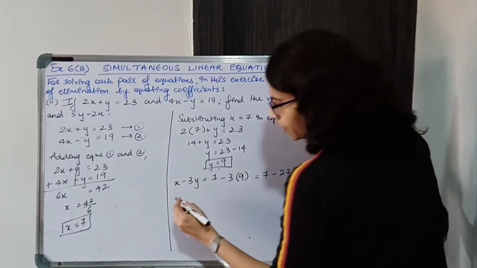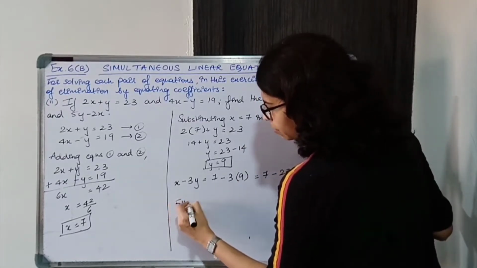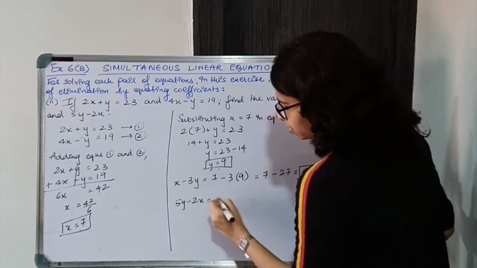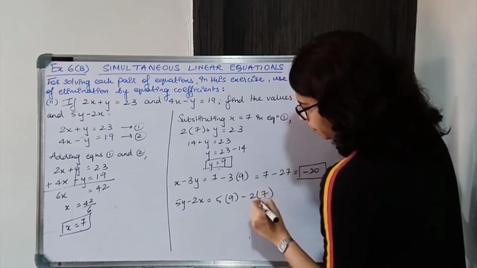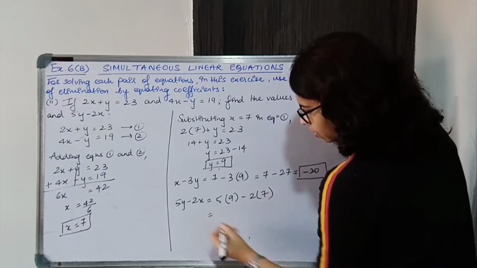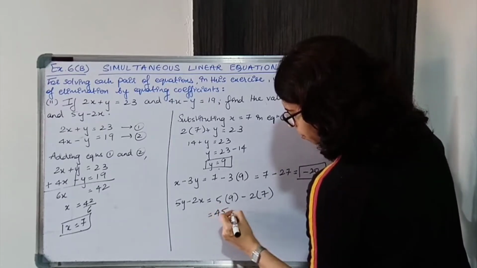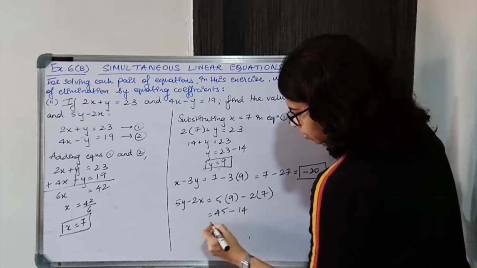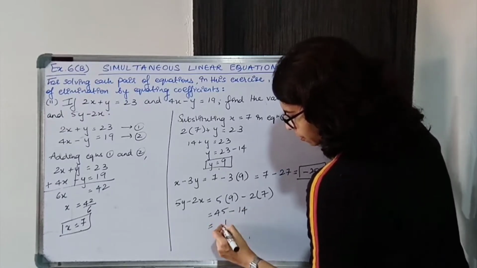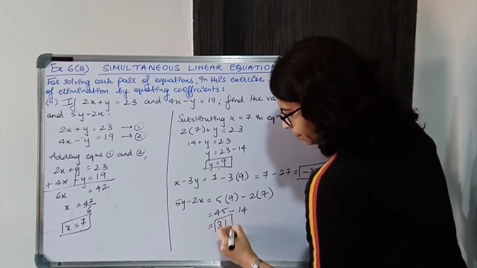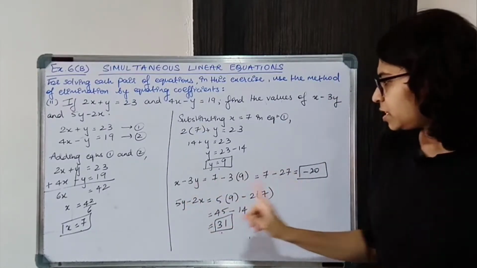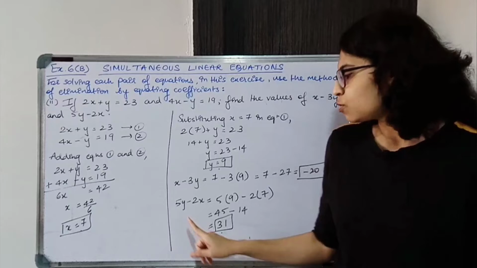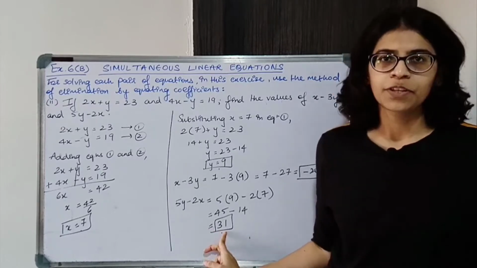Now 5y minus 2x, so that is 5 into 9 minus 2 into x is 7. So it will be 45 minus 14. So that will give 31. So value of x minus 3y is minus 20 and value of 5y minus 2x is 31. Okay, so we have got the final answer.